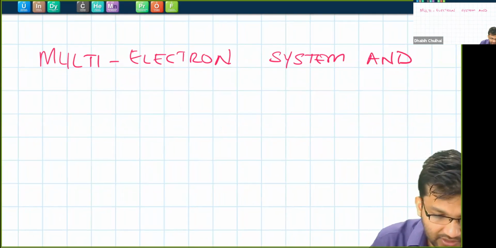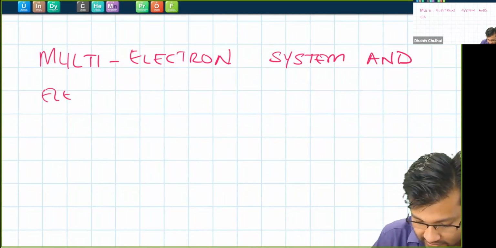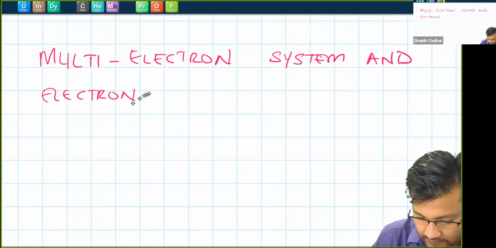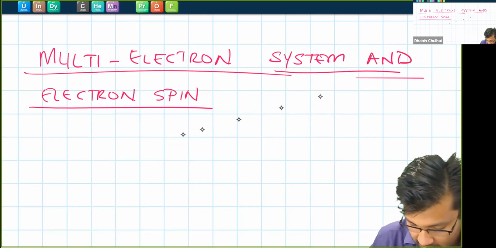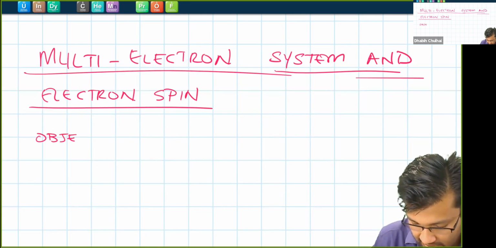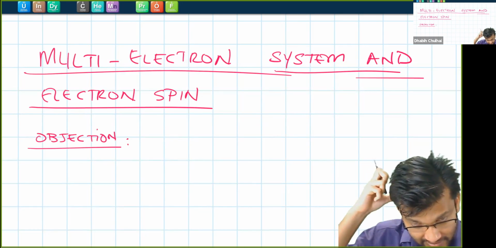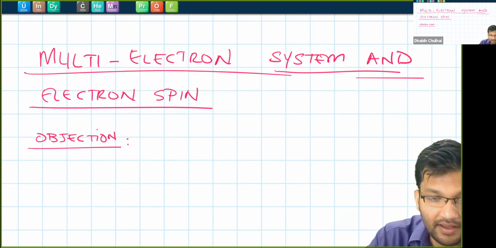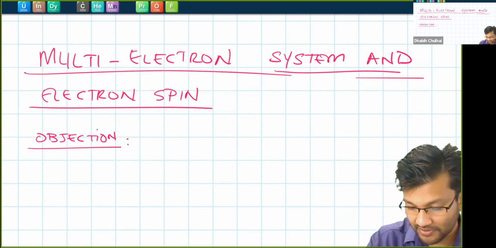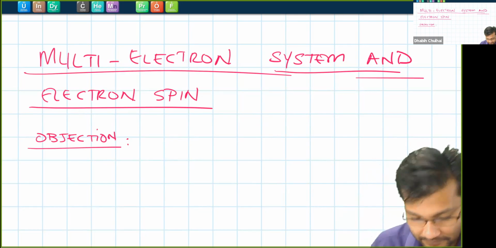We're also going to look at the electron spin. And so our objectives for this section, which really covers all of chapter 12. Again, I'm going to pick and choose stuff from the chapter, but I'm going to just summarize the whole of chapter 12 as the multi-electron system and electron spin.